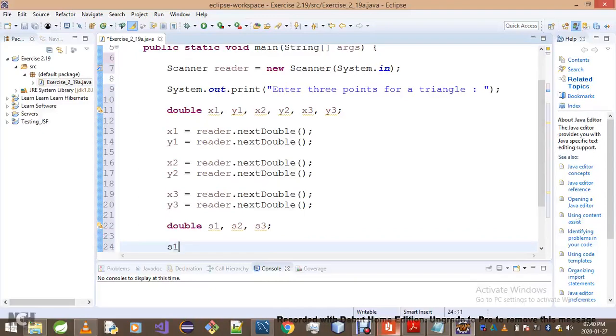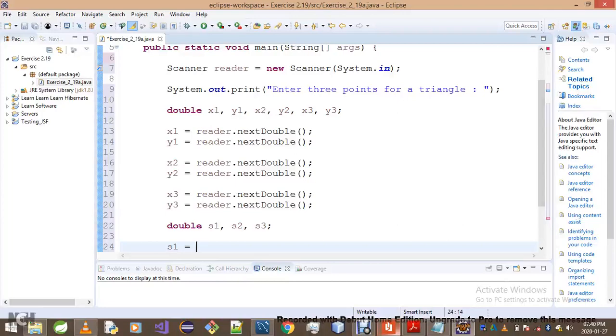So S1 is actually equal to the distance between 2 points. We can pick whichever 2 points we like, but in this case for S1 I'll pick point 1, which is x1 y1, and point 2, which is x2 y2.